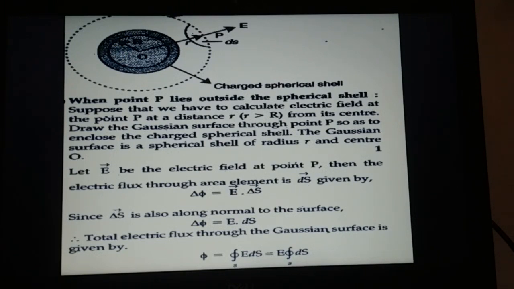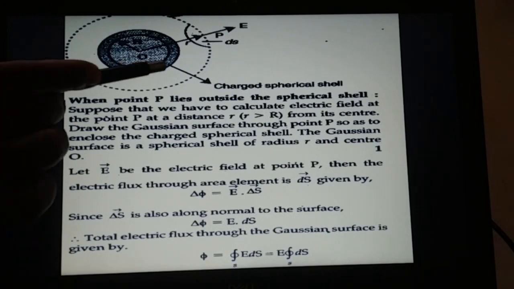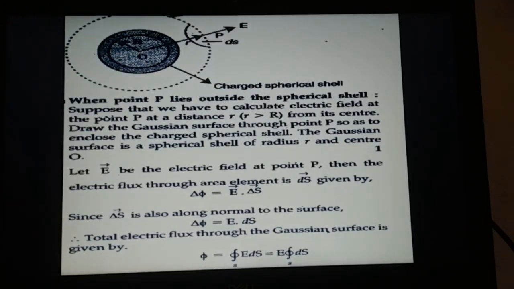And that is our charged spherical shell, with the surface charge density sigma. And the total charge on the sphere is Q, since it is a spherical body, and the total charge residing over its surface is Q.